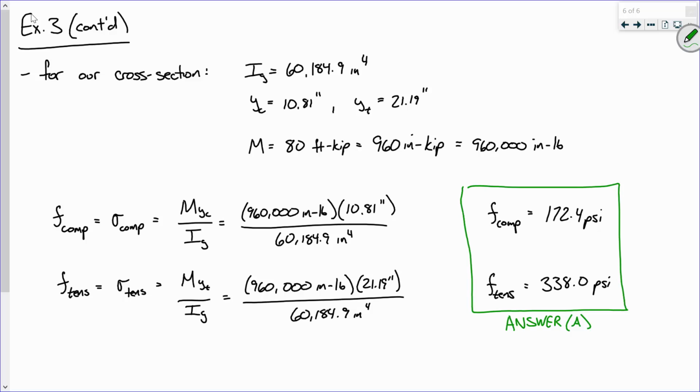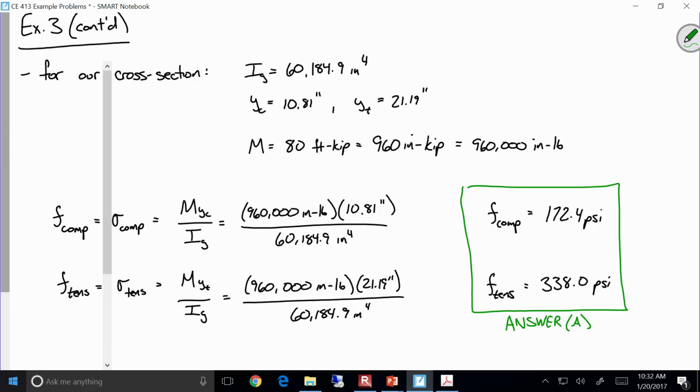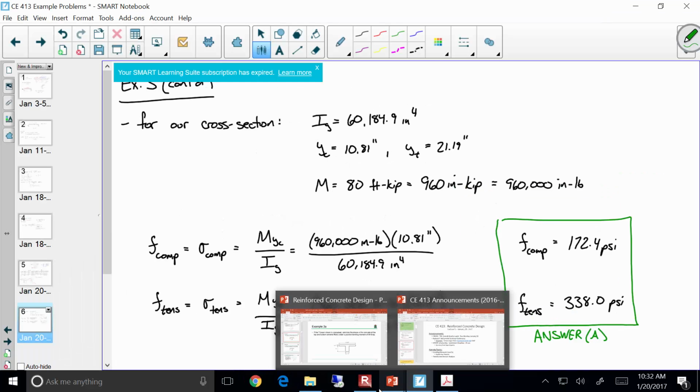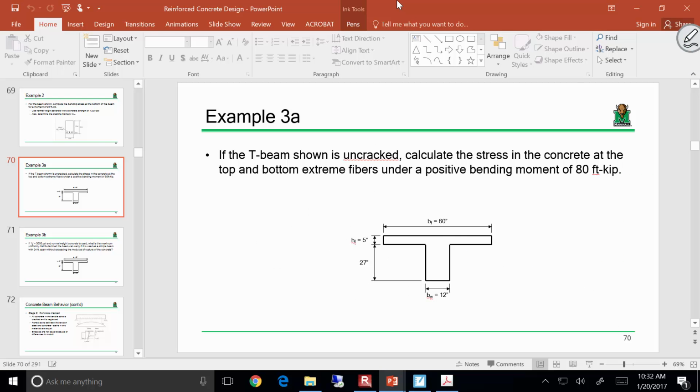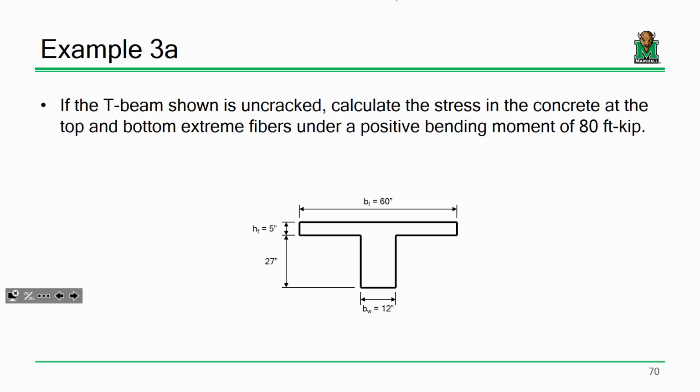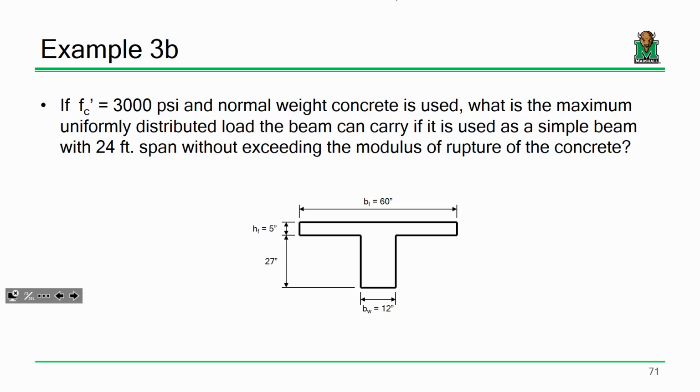Okay, if that's the case, then let's go into this real quick. This is part A. If the T-beam is uncracked, calculate the stress in the concrete due to a moment of 80 foot kips. That's pretty straightforward. Now let's put our thinking caps on a little bit.